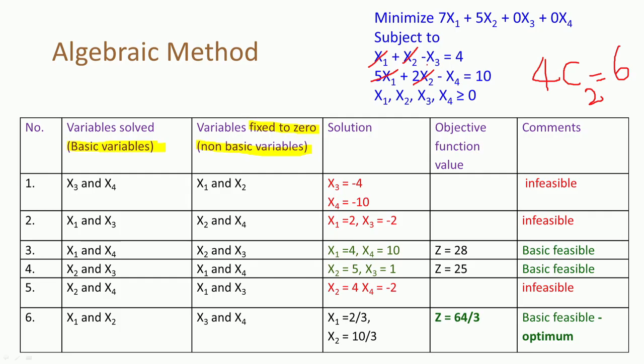So, we solve minus x3 equals 4, minus x4 equals 10, which gives us the solution x3 equal to minus 4 and x4 equal to minus 10.